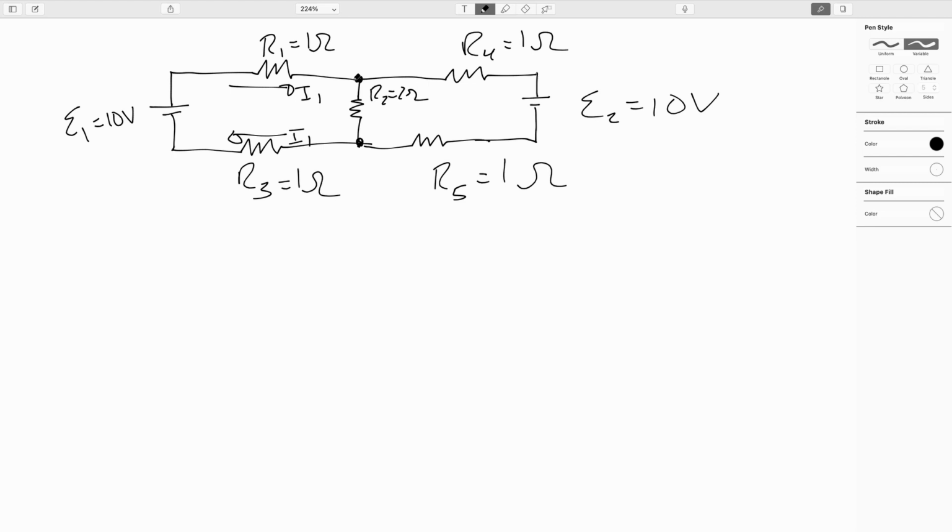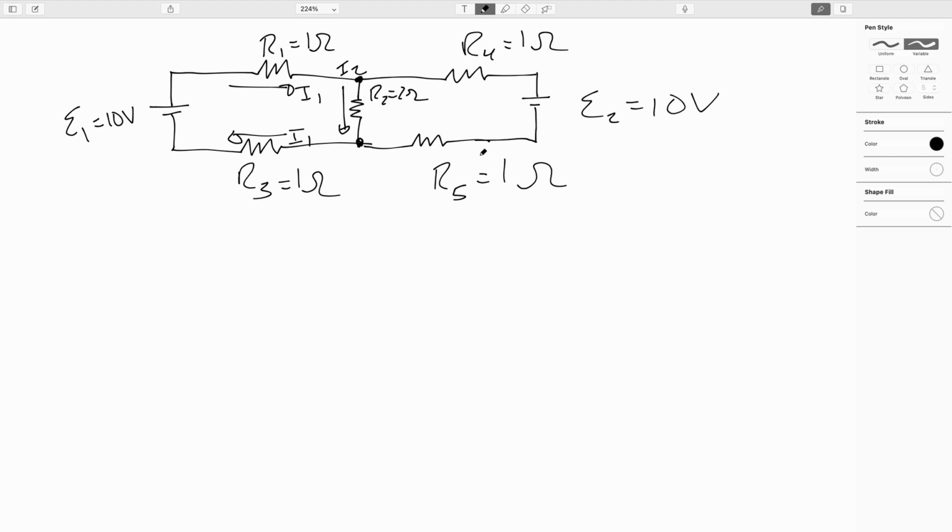Now at this junction right here, I can't assign I1 to this bit here. As an aside, if in some previous life you have heard about mesh currents, you have my blessing to use that, but I'm not going to present that here. So I'm going to say that this current is I2.